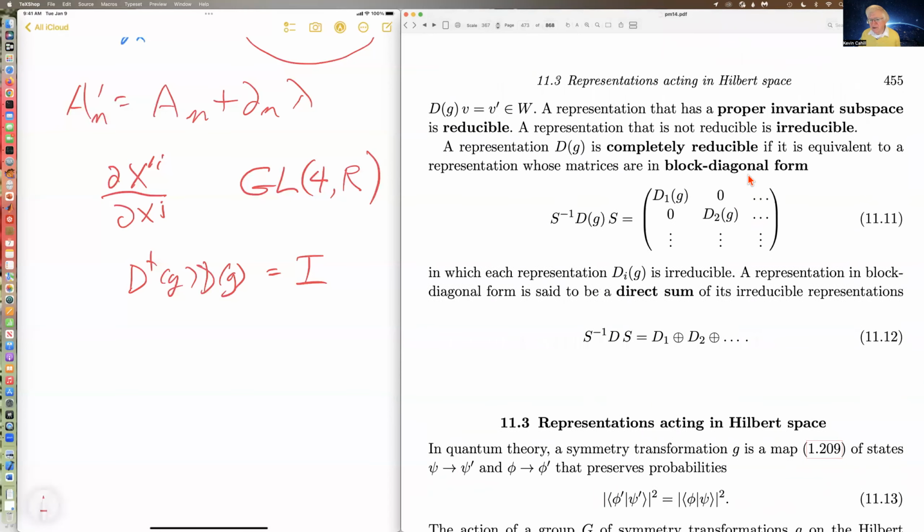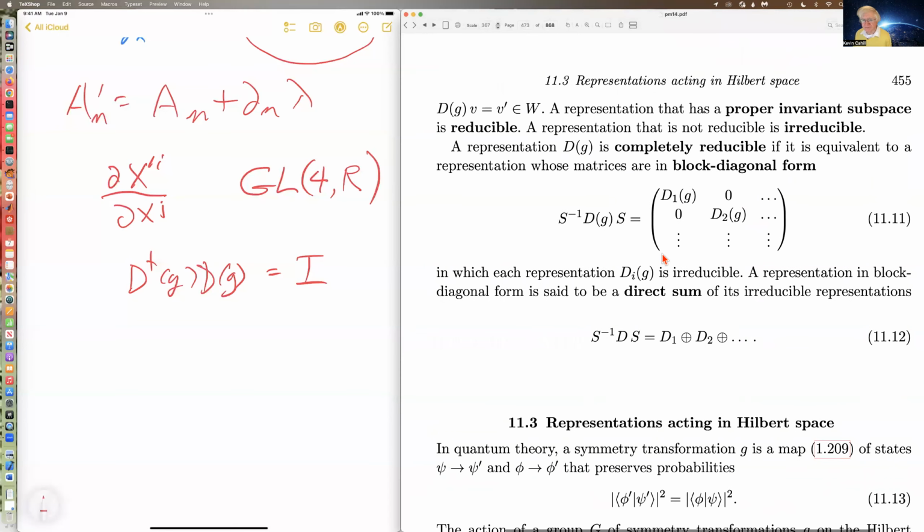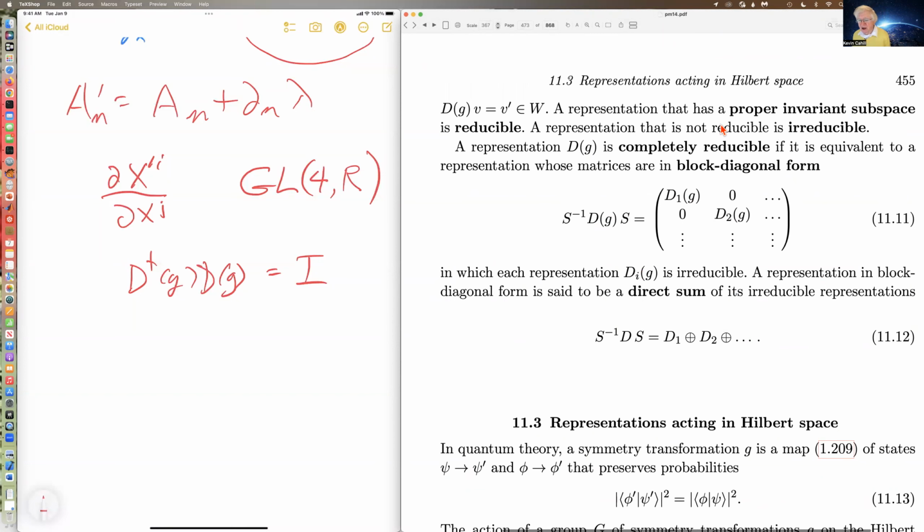And the way that can happen is that if you can take a representation and make a similarity transformation so that it's block diagonal, well, then it is reducible to, I think this is called a direct sum of representations D1, D2, and so forth.